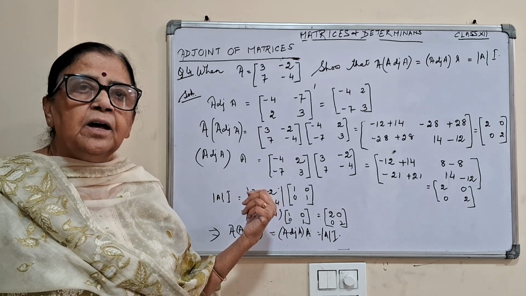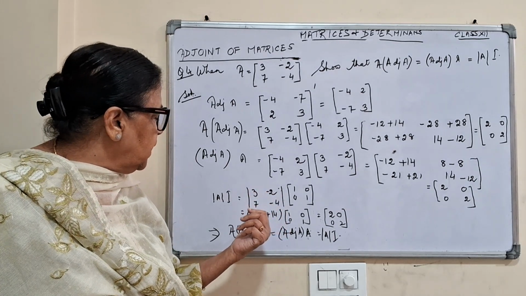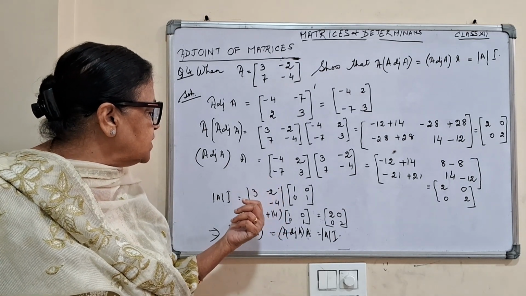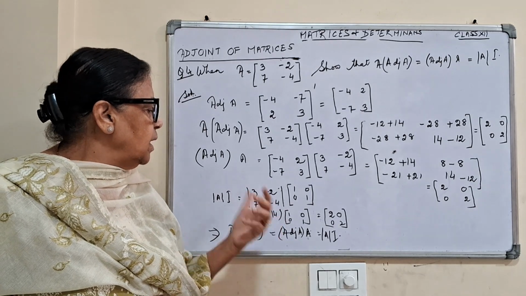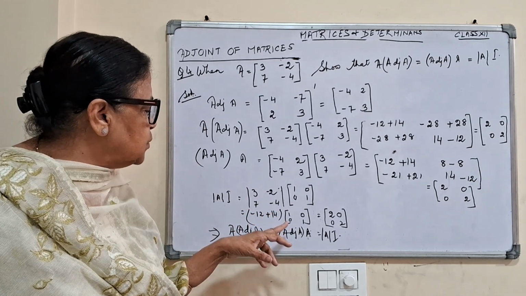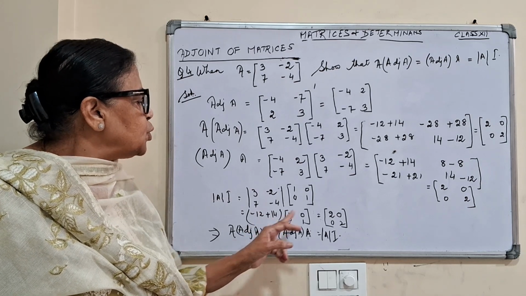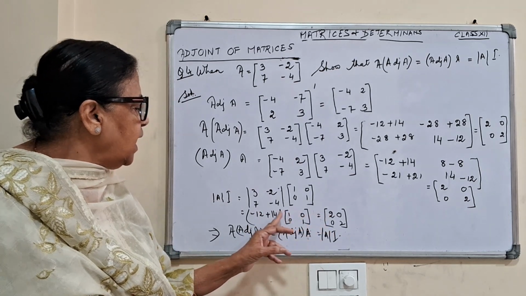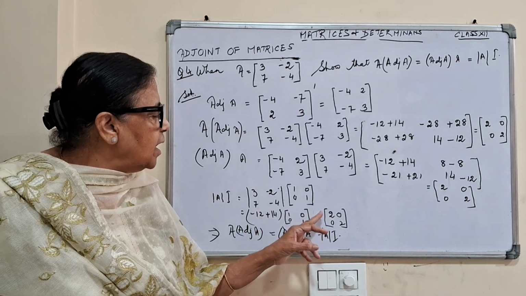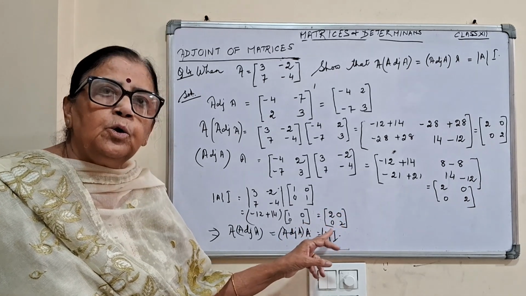Okay, so determinant will be here. I'll calculate 3 4s are 12, that is minus 12, and this is plus 14. So this is 1001. So I am left with 2. So I will multiply the unit matrix with 2002.